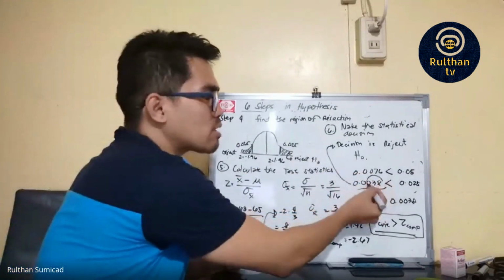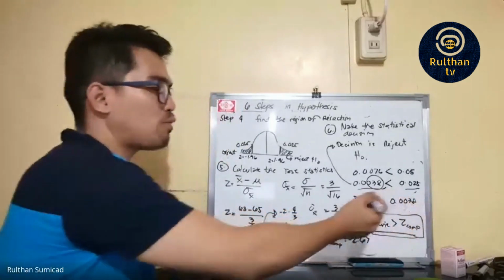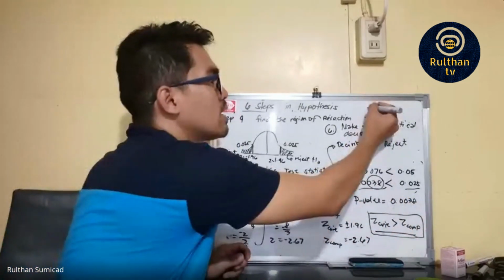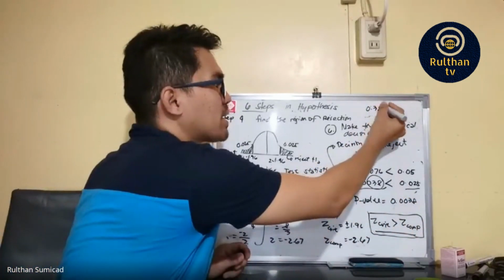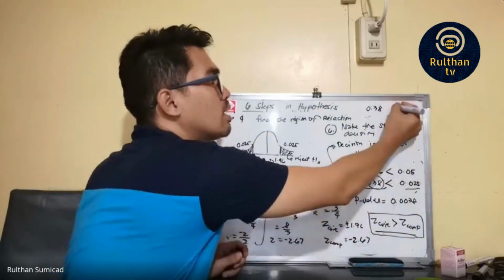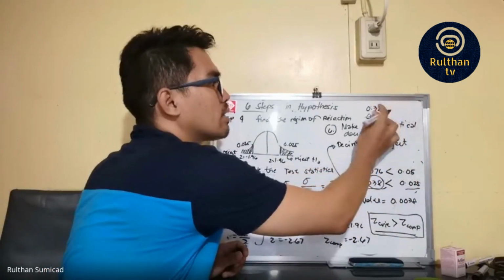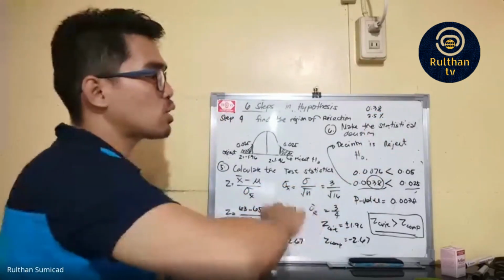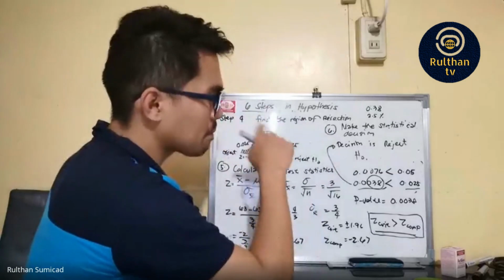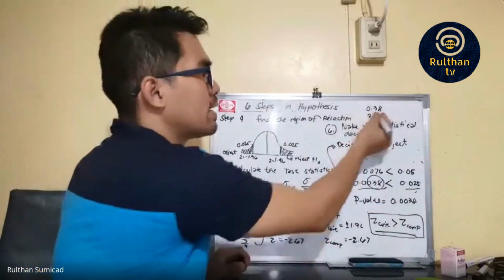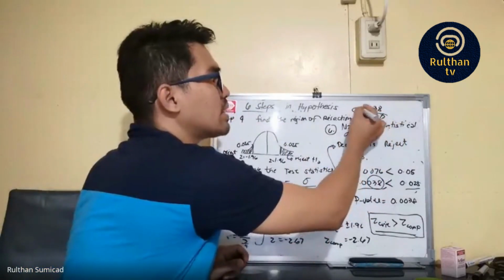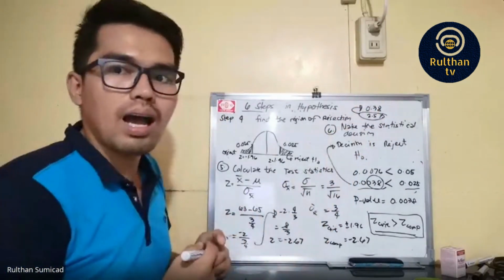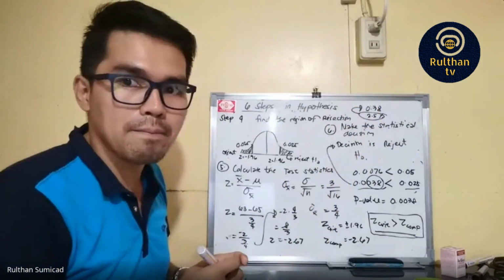This value is smaller than 0.025 because this value is only 0.38%, while this one is 2.5%. So basically, this percentage here is smaller than this percentage. Therefore, our decision is to reject the null hypothesis.